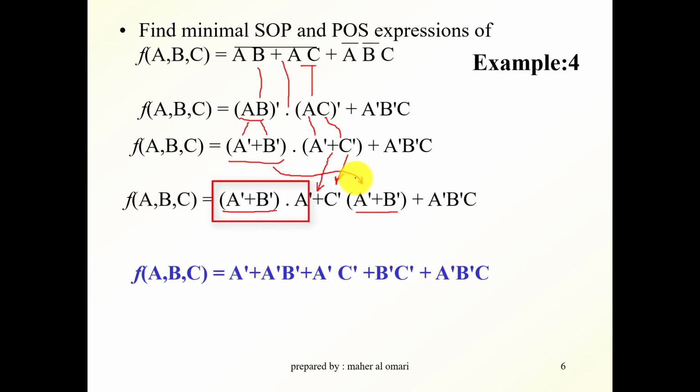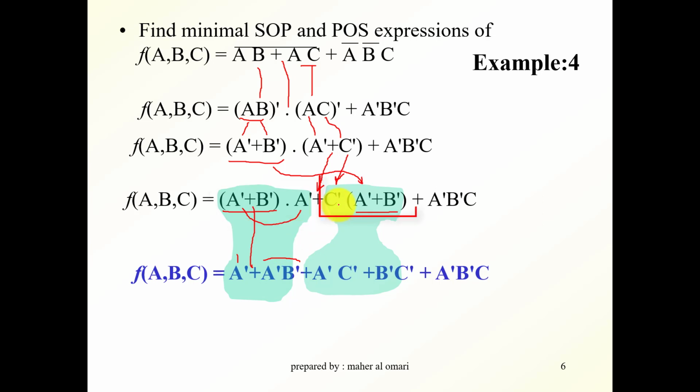Again, we apply the distribution law. So what we have is A bar ORed with A bar ANDed with B bar, which is equal to this. And we apply the same thing here.